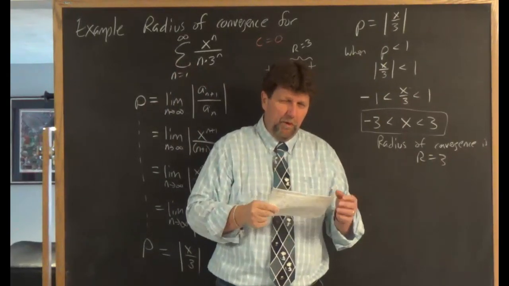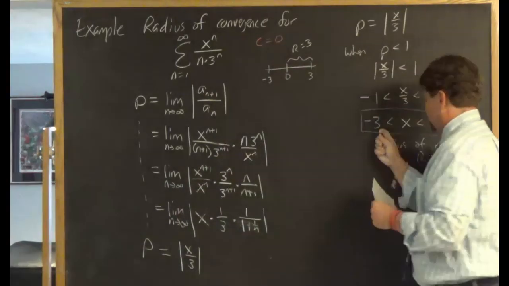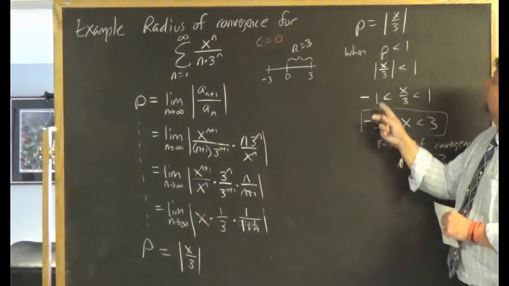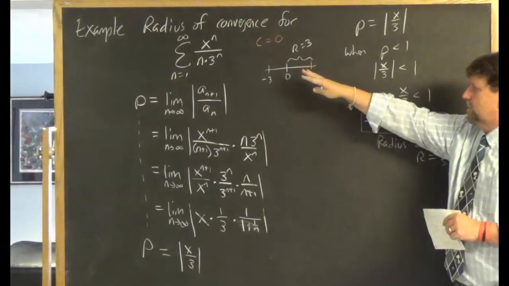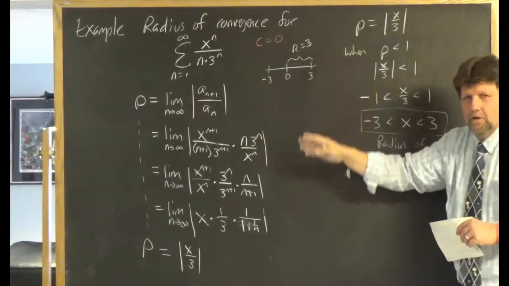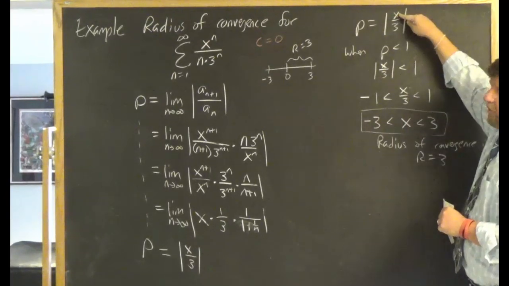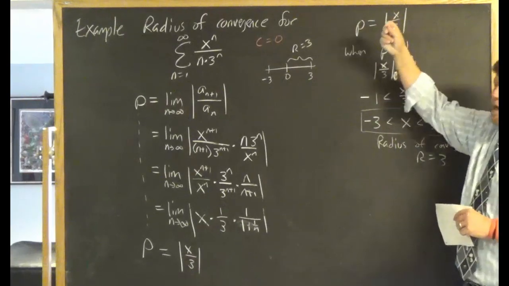But look at the endpoints. Look at the endpoints of -3 and 3. If you put -3 back into the original power series for x, and you crank it through the ratio test, -3 would be in here for the x. That's the absolute value of -1, which is 1.